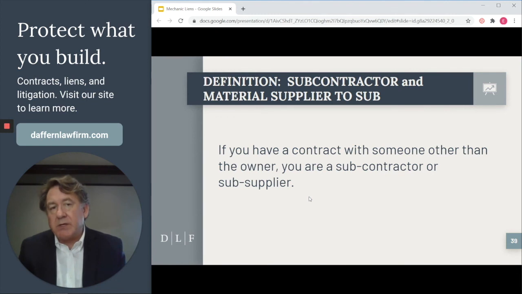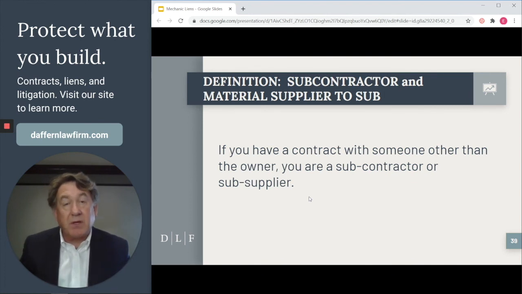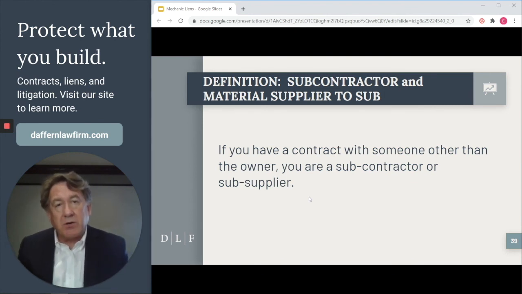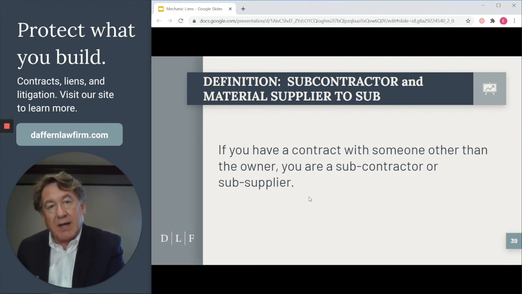The other classification is simply that you're a subcontractor or a material supplier to a sub. Now, if your contract is with someone other than the owner of the property, then you are a subcontractor or a sub-material supplier. And the reason this becomes so important is because as a general contractor, you have one time limit to file your mechanic lien.